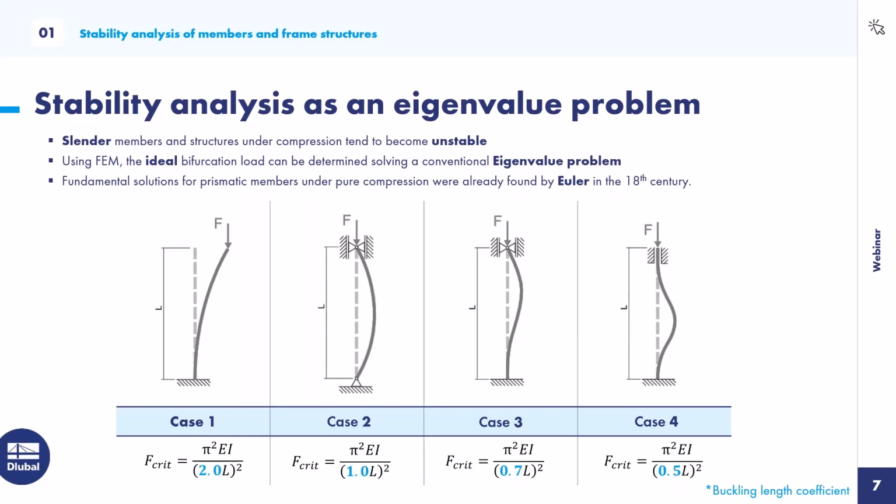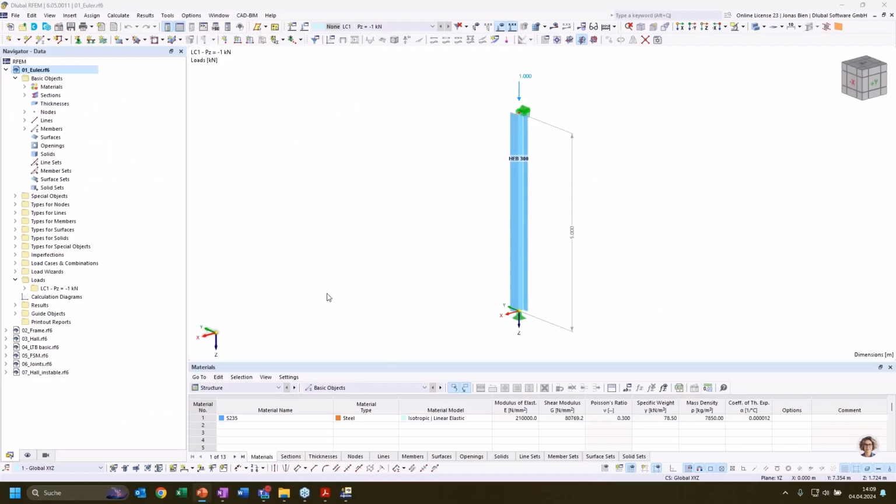In the first step, I want to go into our program now and try to simulate an Euler case 2 and make a small comparison if we can evaluate the correct critical load according to Euler and what else we can get from our structural stability analysis.